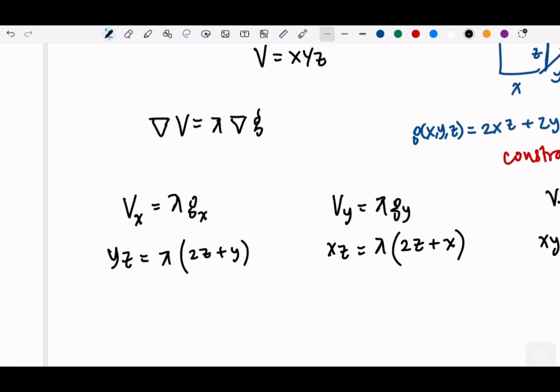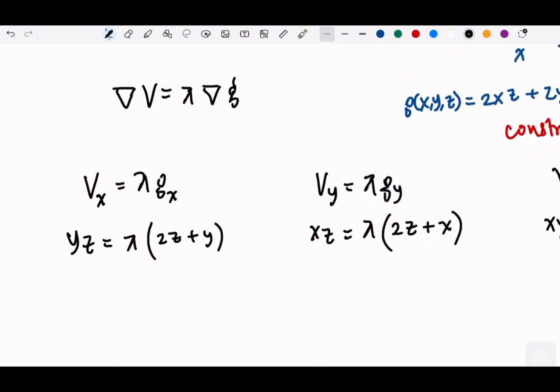So for example, if we multiply this with x, this will be xyz, and this is 2xz plus xy, okay?